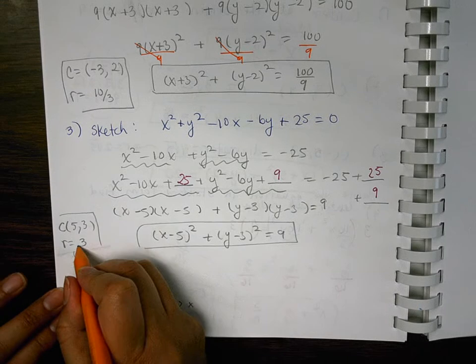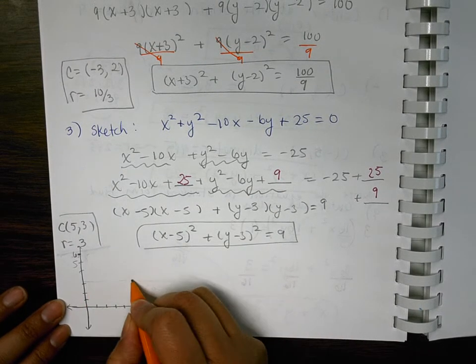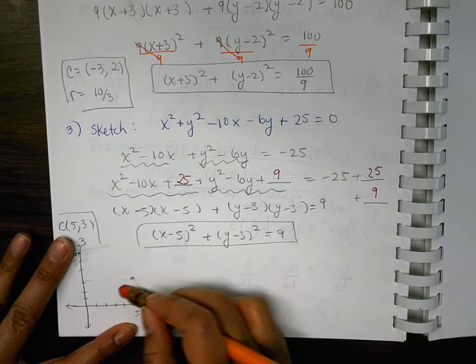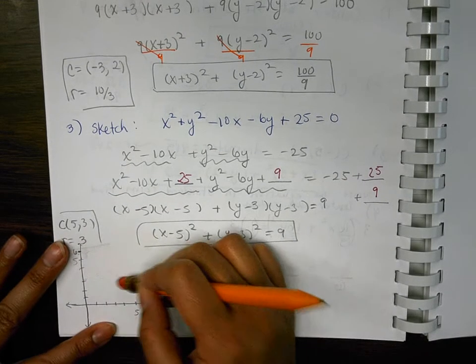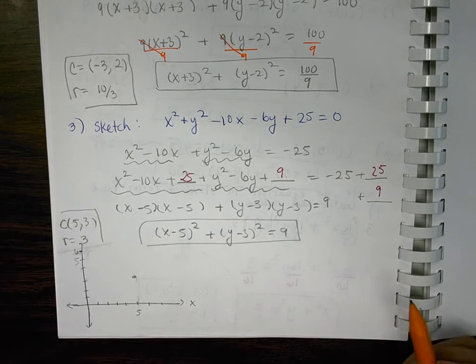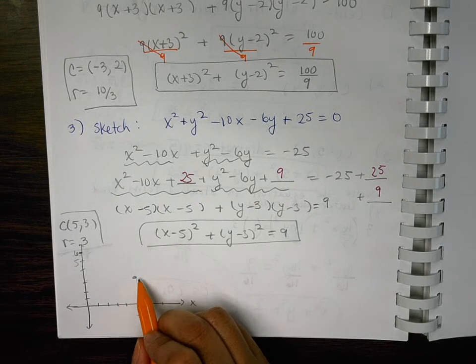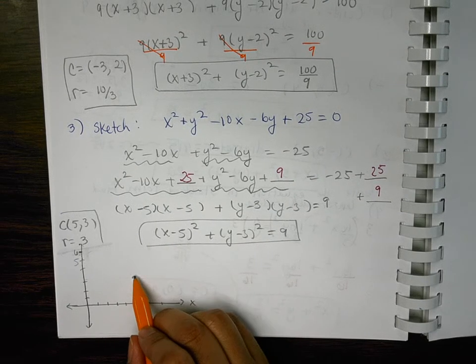So go over 5, up 3. And when you're asked, of course, on the test to graph these, you're always given graph paper. All right, and what's the radius? 3. So what do I do from the center to make my circle? Up 3, down 3, left 3, and right 3. So go ahead and do that now.